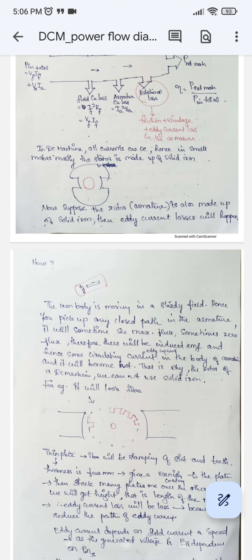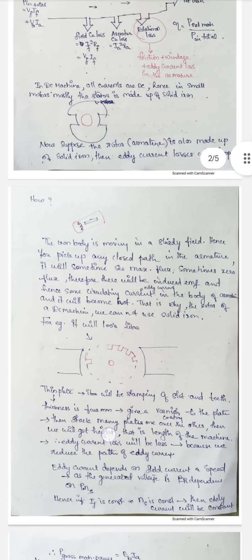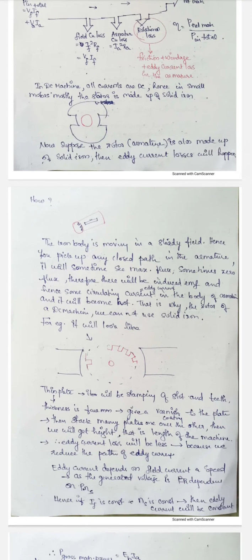The maximum flux when it is aligned to the polar axis, zero flux when it is aligned to the magnetic neutral axis. Therefore, there will be induced EMF and hence some circulating current, which you call eddy current, in the body of the armature. And as the circulating current passes through the rotor, the armature will get heated up.